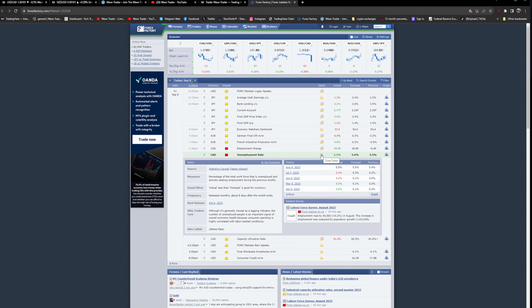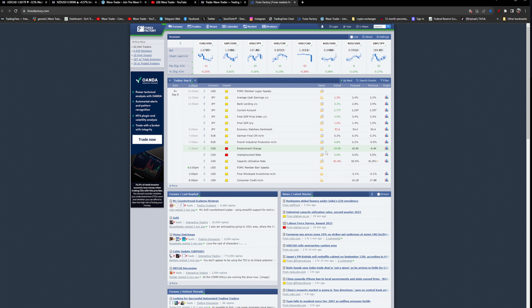Or I think rates have peaked over there. We're not going to get rates higher from the Bank of Canada, but yeah, this is going to make a stronger case for rates to stay higher from the Bank of Canada.